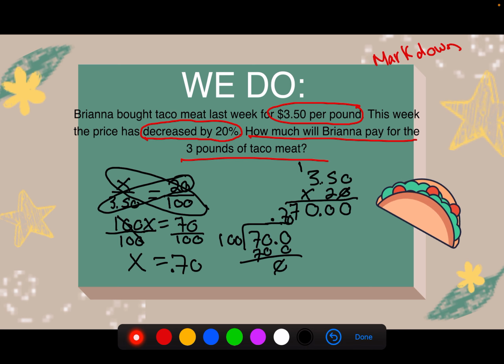Is she going to pay 70 cents for the 3 pounds of meat? No, that is our markdown. Now that we have our markdown, we have to subtract that from the original cost per pound. So you're going to do 3.50 minus 0.70, because remember, you have to line up your decimals. Go ahead and subtract that and see what you get.